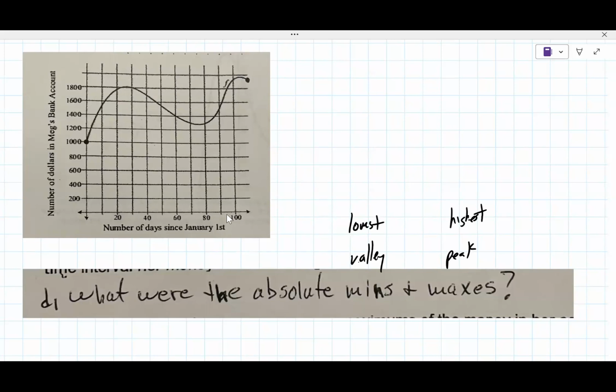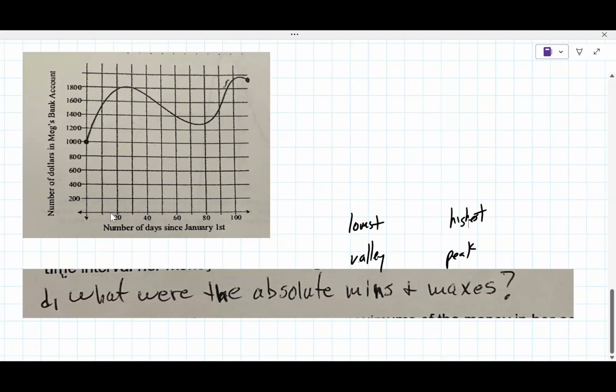Give me the x value where it's the highest, or give me the y value. What's the highest y value? 1800. Okay, 1800. What's the x value then?